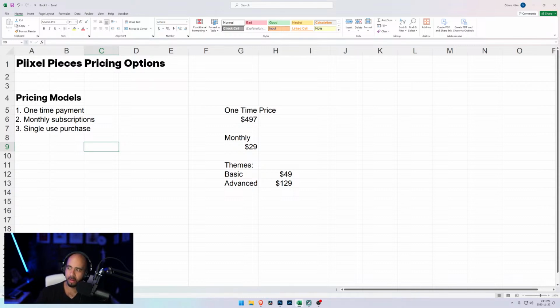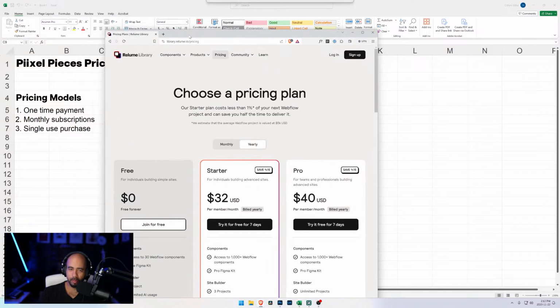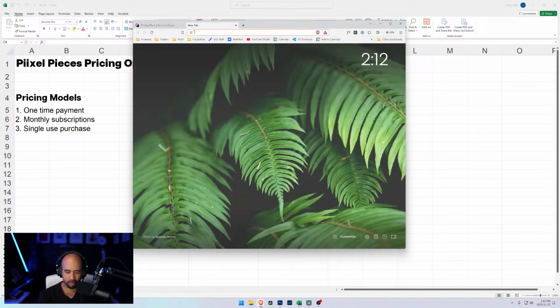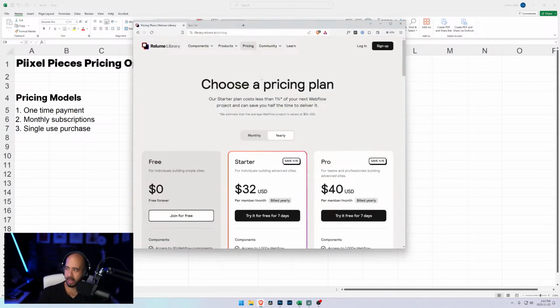We could look at some options, what's the word I'm looking for? Comparables, like what other companies are charging. So we have these guys here.